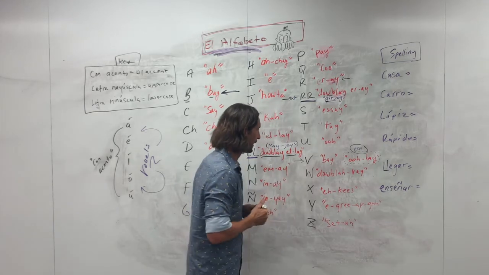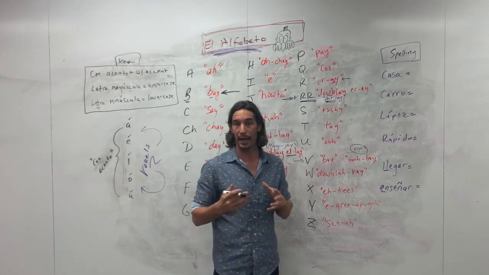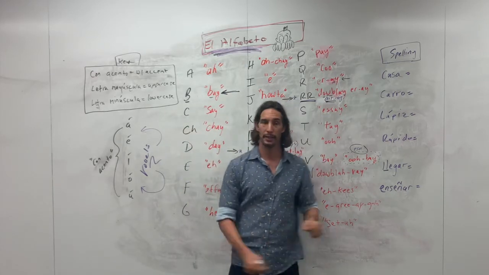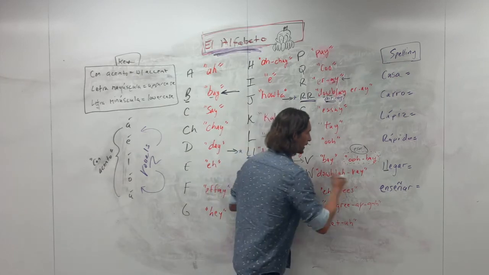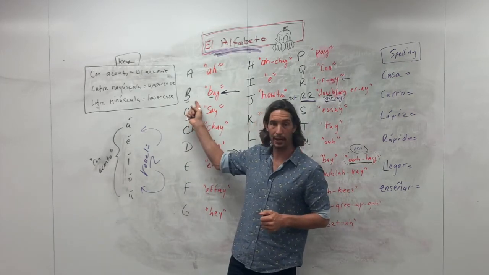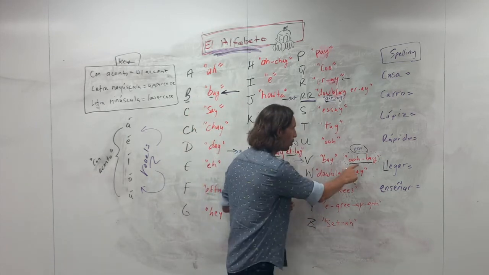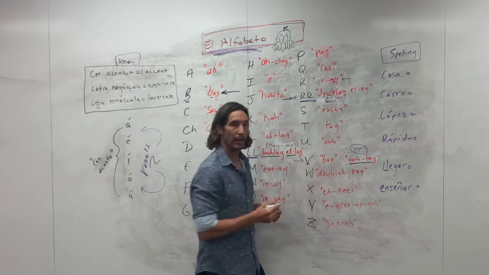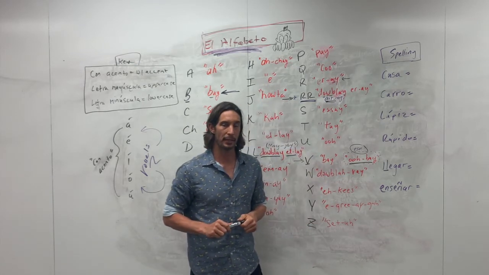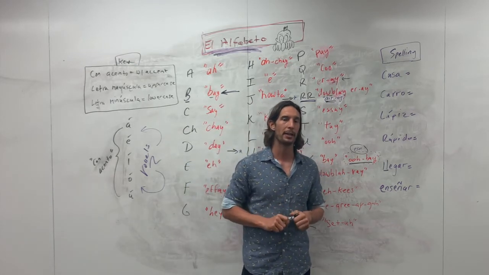Now in Spain, and this actually is helpful to differentiate between B and V, you actually have here ube. And so you have be for B and ube for V. And so like I said, you'll more than likely hear ube in Spain. You won't necessarily hear that in Latin America.